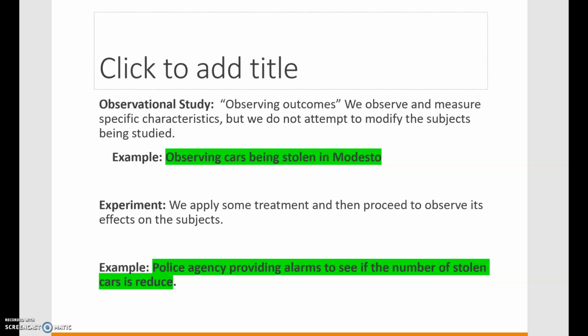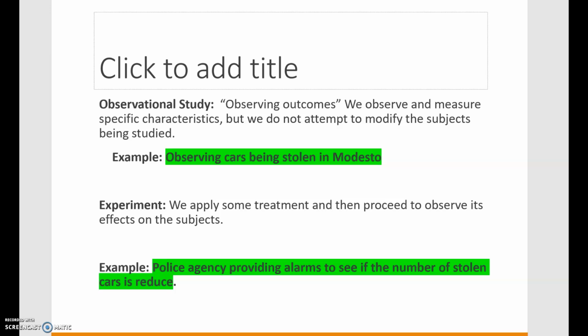Now, in an experiment, a researcher is trying to modify a behavior or something. If we look back to the observational study of stolen cars, it is an observational study if they just sit there.